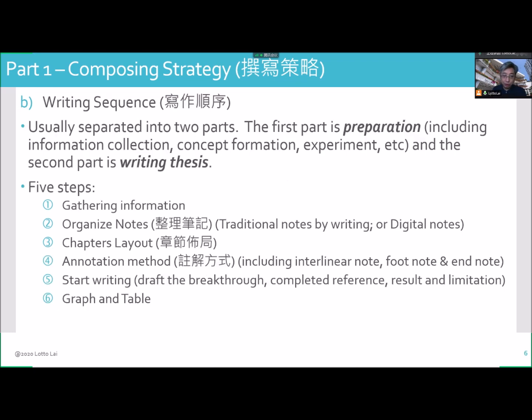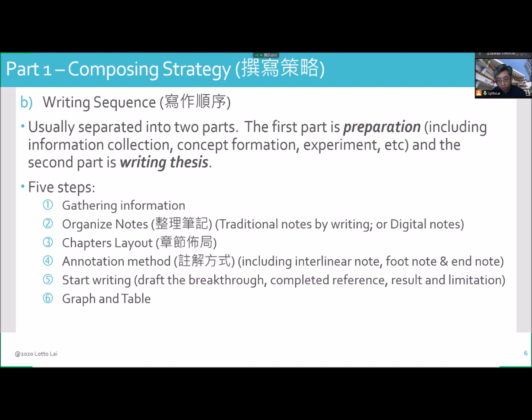Writing schedule. Usually you separate it into 2 parts. The first part is preparation, including data collection, concept formation, and experiments. The second part is writing your thesis. There are 5 steps. First, gathering your information. Second, organize your notes, your transition notes, by writing or digital notes.